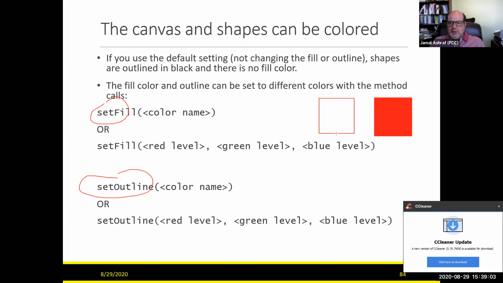The outline is also red. So I can change my outline to be a different color. So let's say that I want to put my outline as blue, and then I can do this. So my outline is blue, it's red. Of course, we can change the thickness and all those things as we go along.